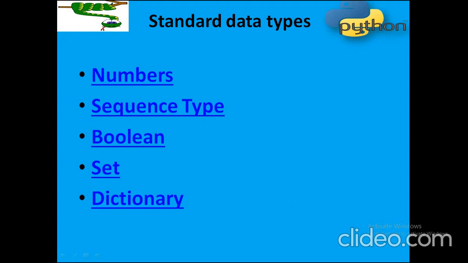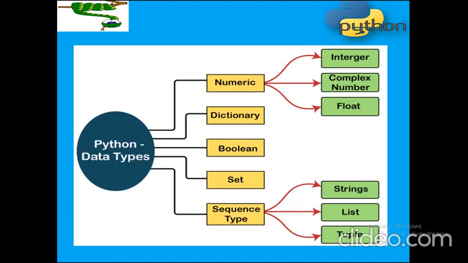So there are mainly these standard data types: numbers, sequence type, Boolean, set, dictionary. Let us see them one by one. This is the classification. Numeric data types have sub data types: integer, complex number, float. Whereas sequence data types are string, list, tuple.